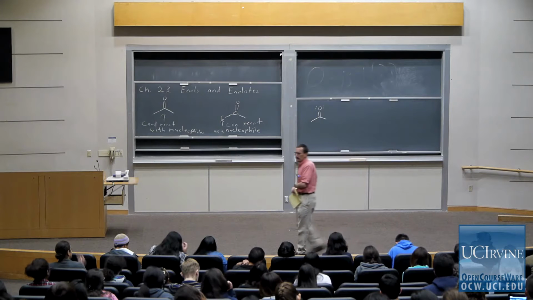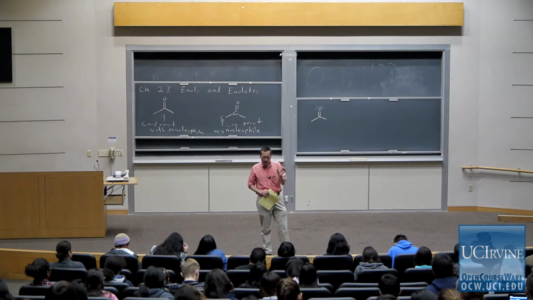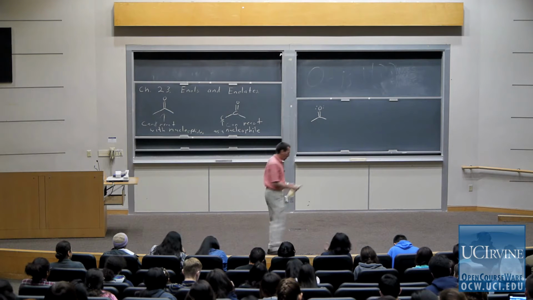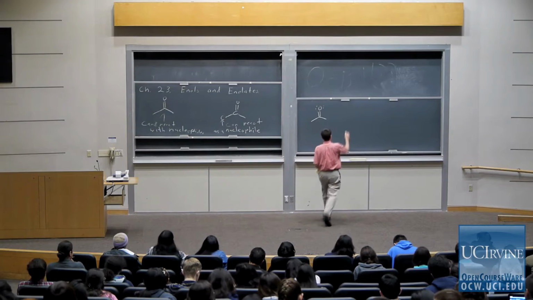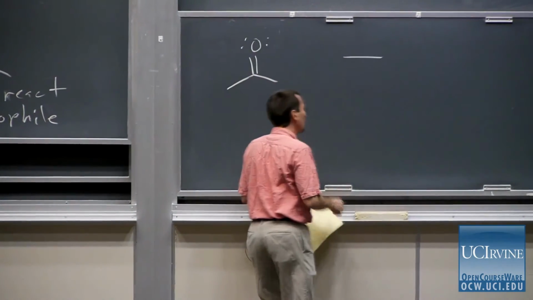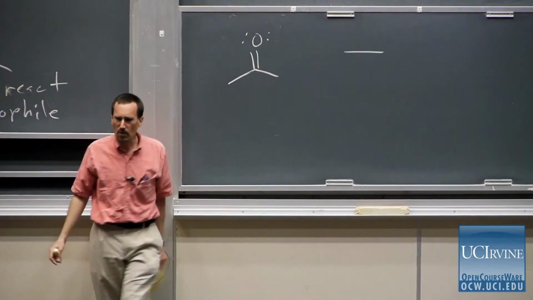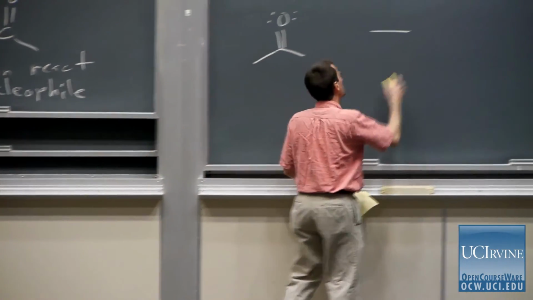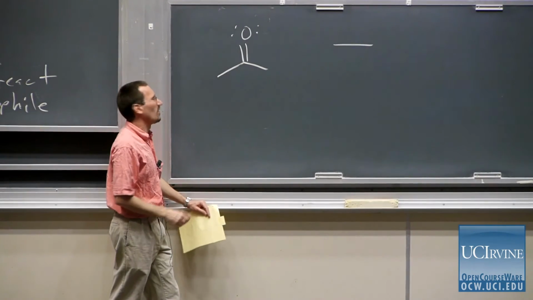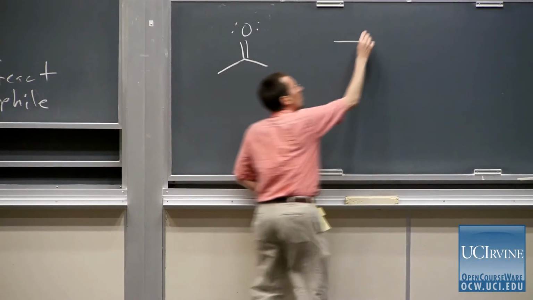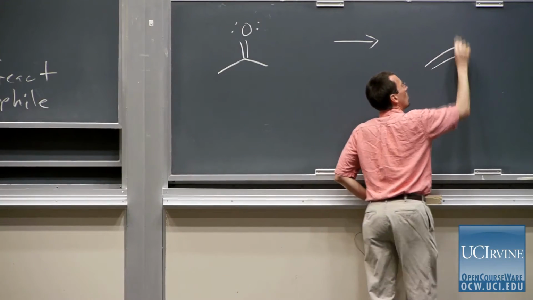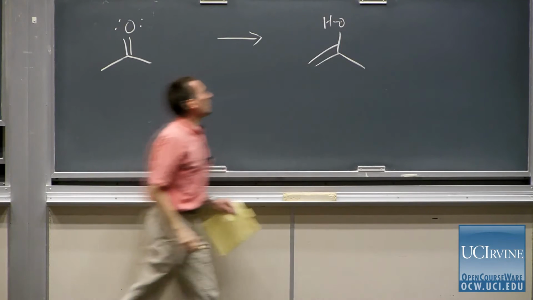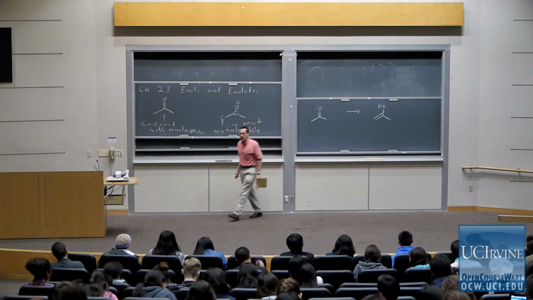Well, there's another minuscule amount that can be present that's very important in reactivity, and that is the enol tautomer. So I'll write an equilibrium where we have, and let's just take this as acetone right now. We'll be going through with various examples, but let's just pretend you have acetone or some ketone or aldehyde. And so we have this equilibrium where we have another species, and now the species is obviously very different.